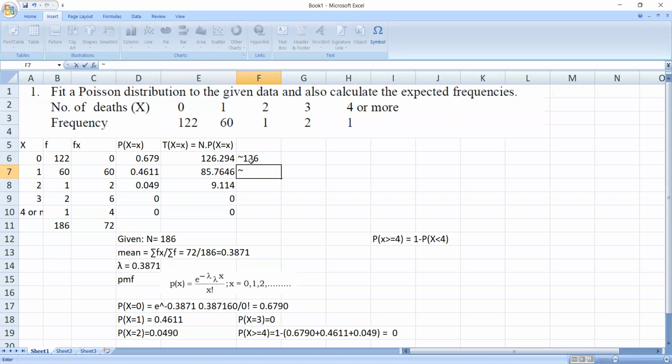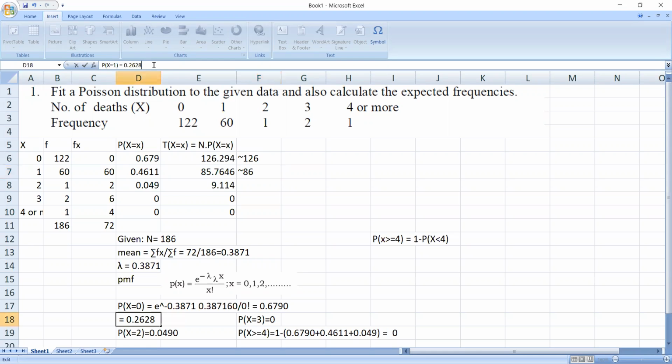Then this P of x equals 1 is wrong. What should it be? e power minus lambda, lambda power 1. e power minus 0.3871 into 0.3871. I made a mistake. It should be 0.2628. Second one 0.2628.